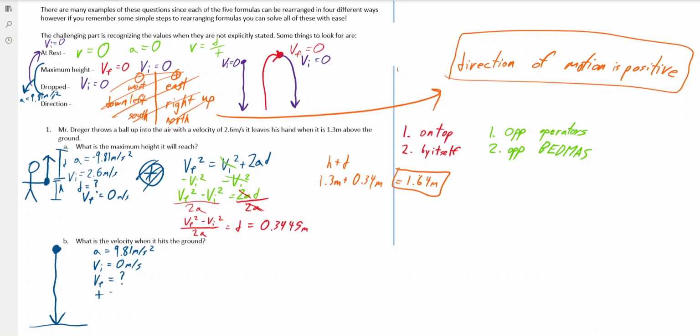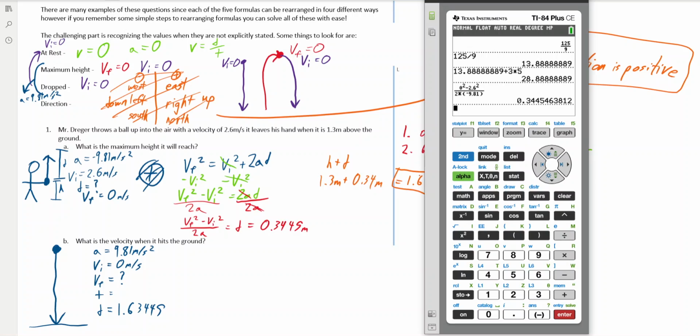T is also unknown, and D, is it unknown? No, actually D is from our last question where we had some sort of decimal answer like this. I don't want to prematurely round it, so 0.3445.